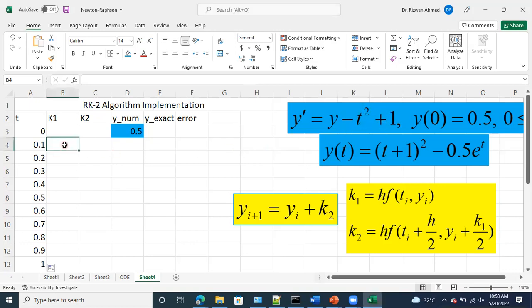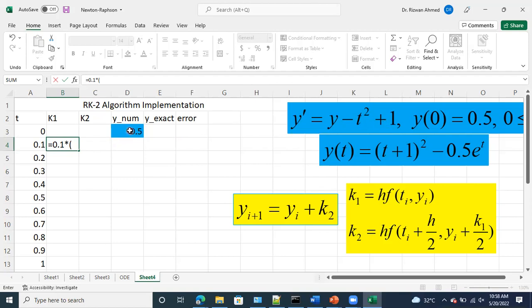So the K1 calculation is h times f of ti, yi, which means I multiply h, which is 0.1, with this expression evaluated at ti, yi, so y minus t squared plus 1.